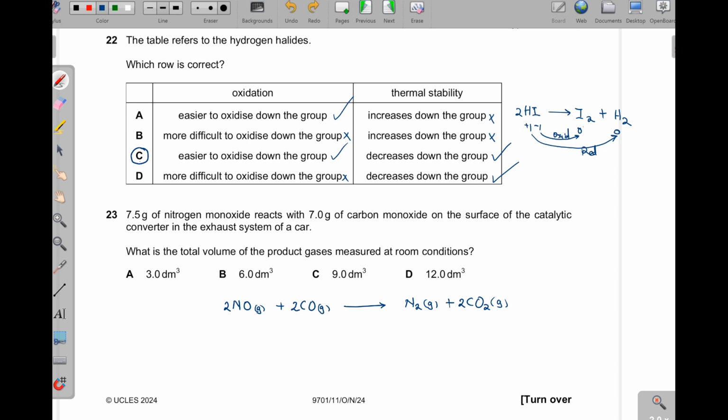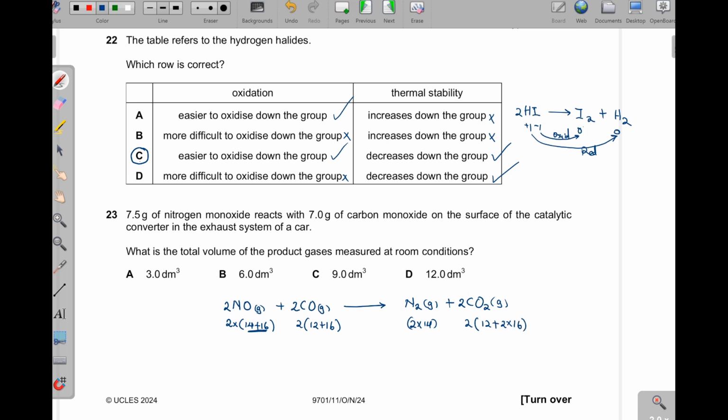Nitrogen monoxide, we have, this is 2 times, nitrogen is 14, oxygen is 16. This is 2 times 12 plus 2 times again 16.